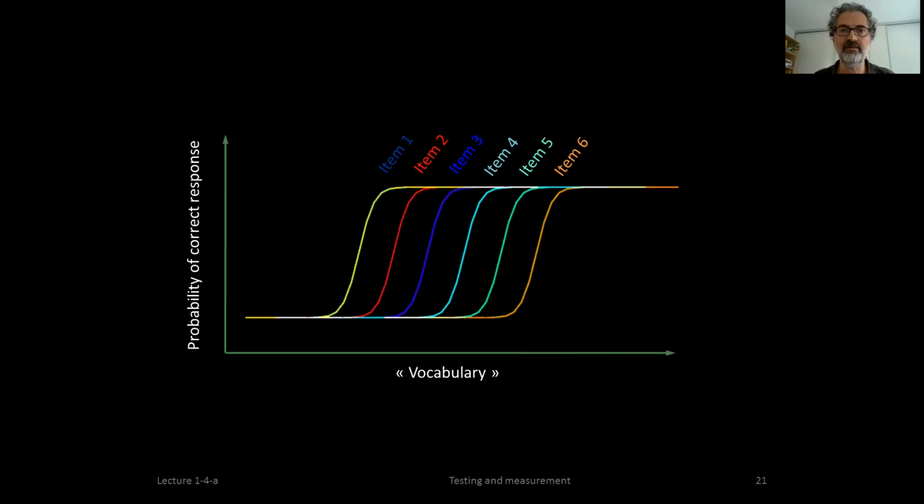So this would be a very difficult word that only few people know. And having lots of items dispersed across the range of difficulty allows the test to be able to distinguish different levels of the skill across the whole range. And that's how items are designed.